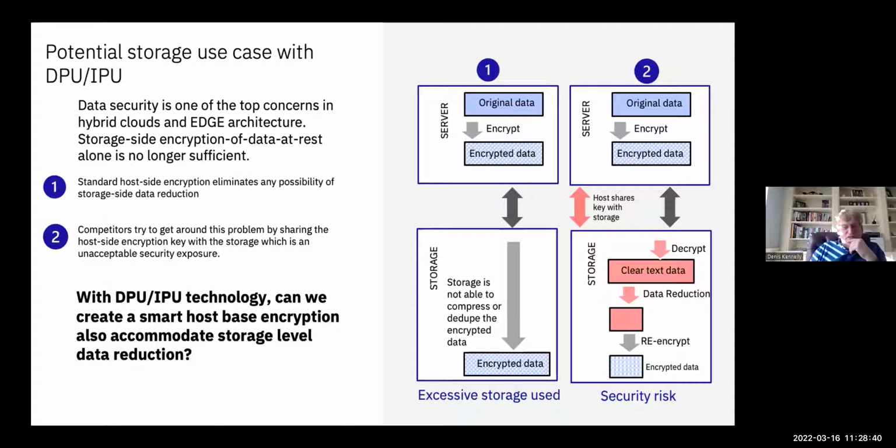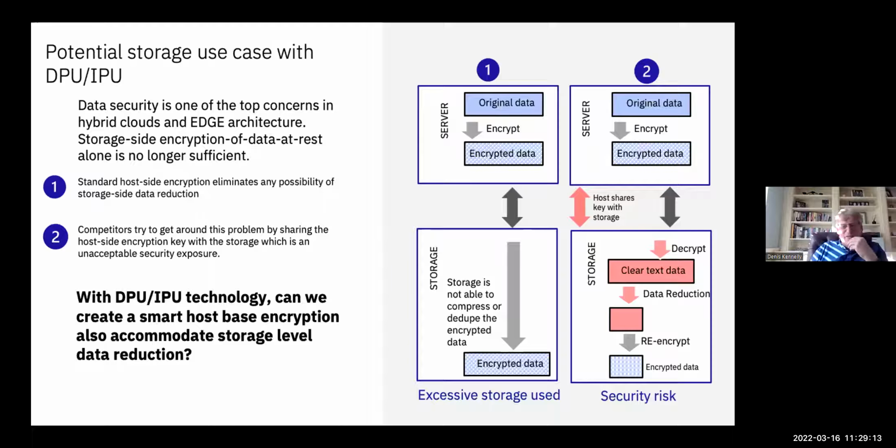So we're doing some very unique things where we can guarantee the compression and deduplication rates for encrypted data, leveraging DPU and IPU technology to make that happen. Something we call smart host-based encryption. And that will continue to allow the data reduction rates. Because no matter what anybody says, when you have encrypted data, the storage device is not able to get to that data reduction rate. But we have some unique capability that we are leveraging DPUs to make that happen.